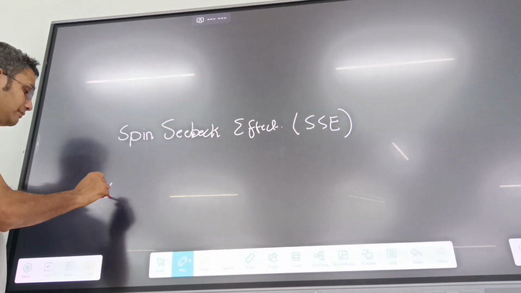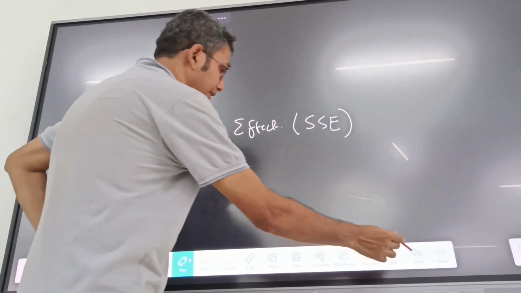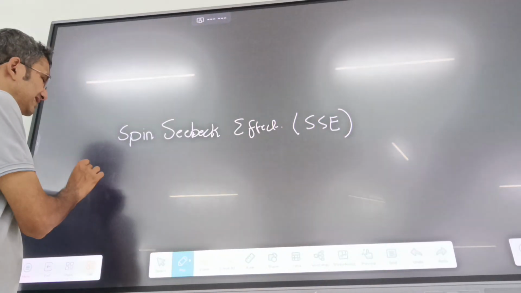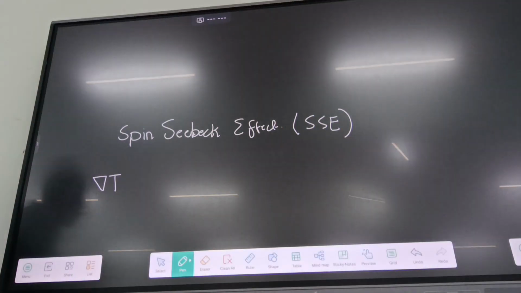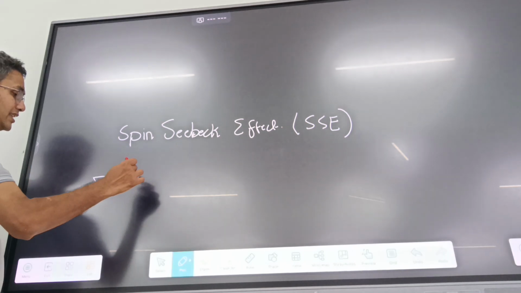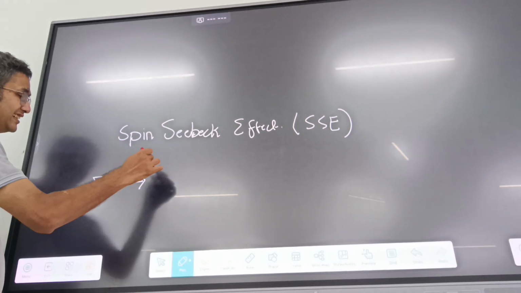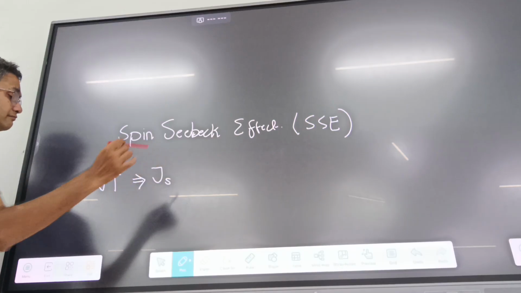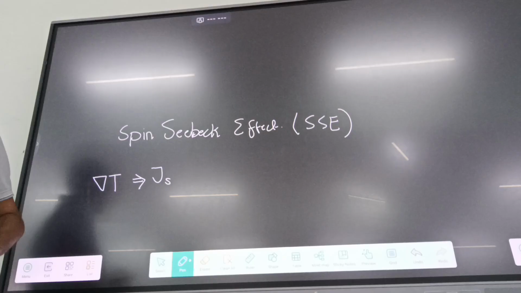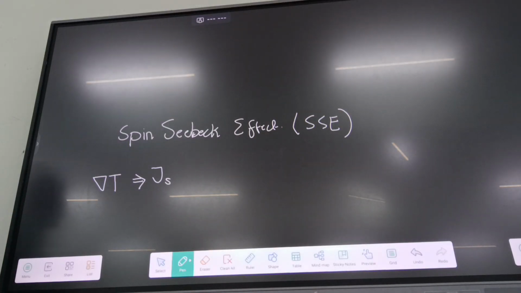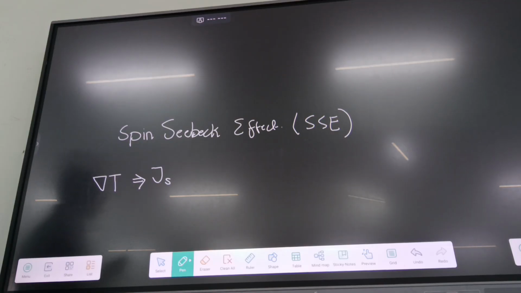There is some gradient in temperature. समझ लो gradient in temperature. Gradient in temperature is causing a spin current. What is a spin current? Spin current is when the electron is without any charge but only based upon its spin.